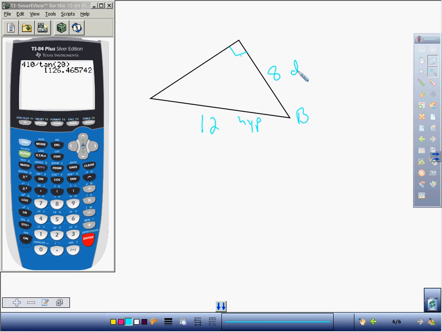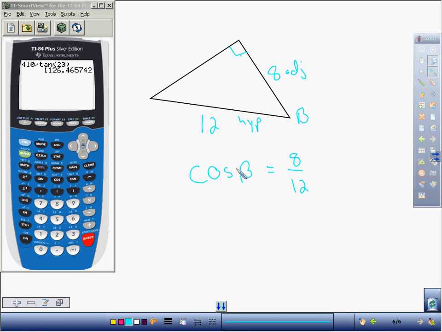Adjacent side, ADJ. So which of my three ratios uses adjacent and hypotenuse? Cosine. So I know that the cosine of B equals adjacent over hypotenuse, 8 over 12.